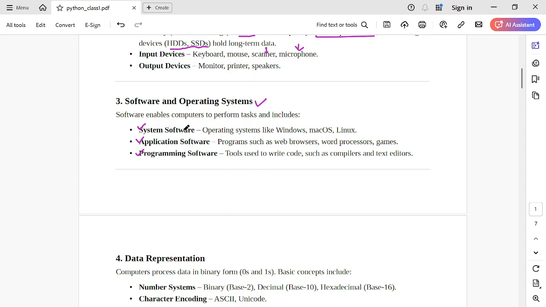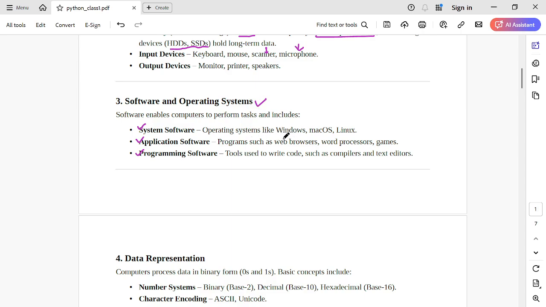So first we will see what is system software. As I told you earlier, when you switch on the system, the operating system will be booted and loaded to your main memory, that is primary memory, right? Since it is a software, it is booted from the hard disk to the main memory.